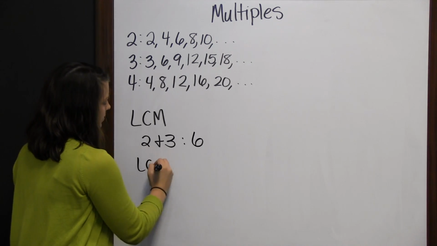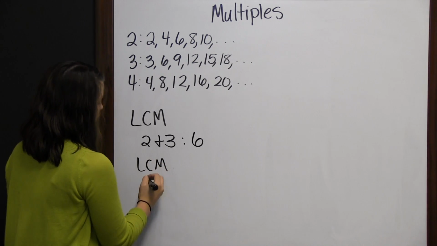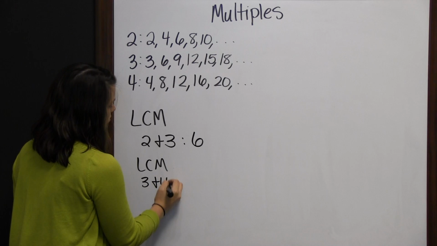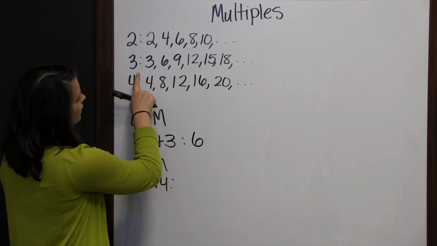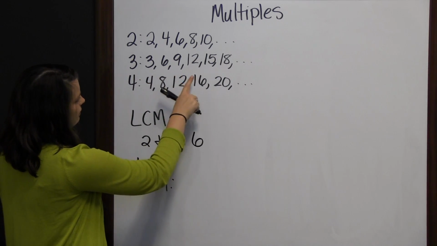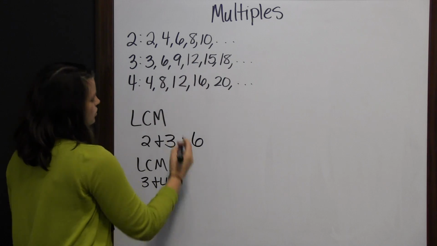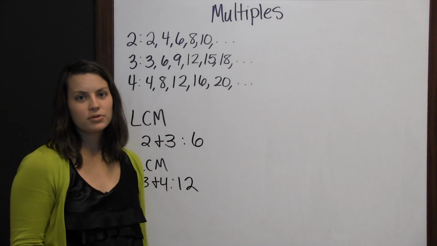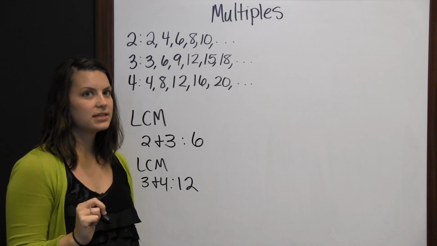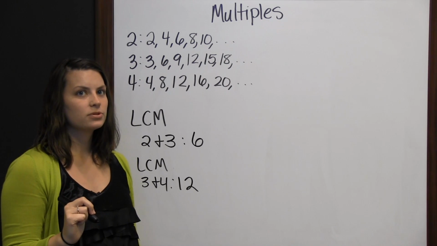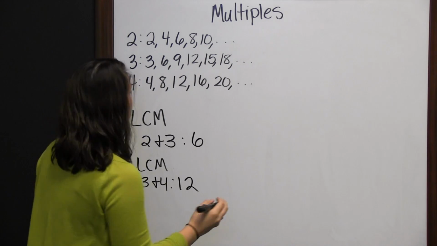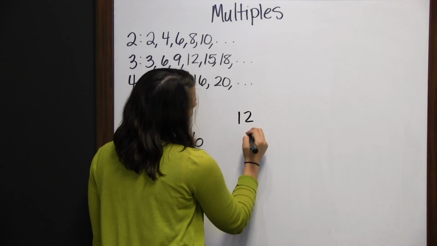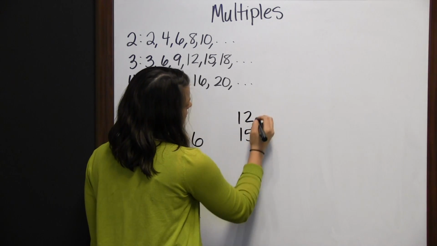The LCM of, say, 3 and 4, the very smallest number that they have in common would be 12. And you can find the least common multiple of bigger numbers, like say the least common multiple of 12 and 15.